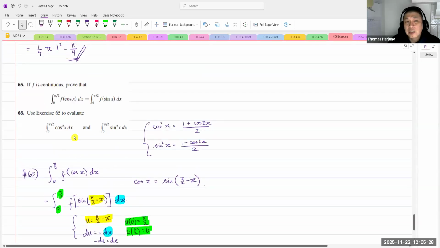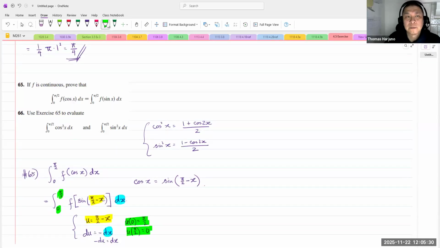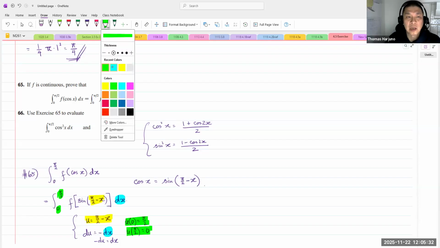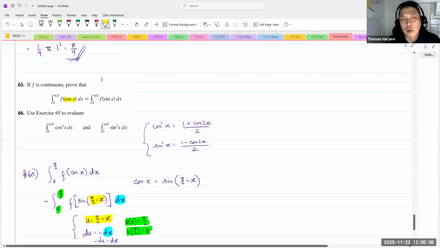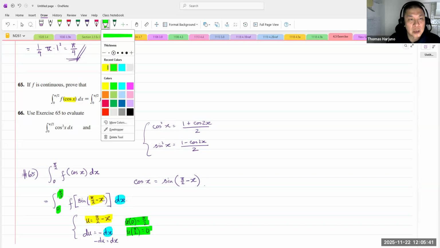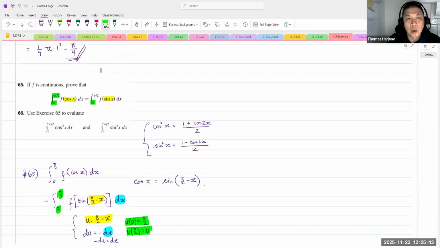So it is basically saying that if you have this function of cosine x, and you replace the cosine x by sine x, as long as the interval is from 0 to pi over 2, the first quadrant, then those two integrals are the same.